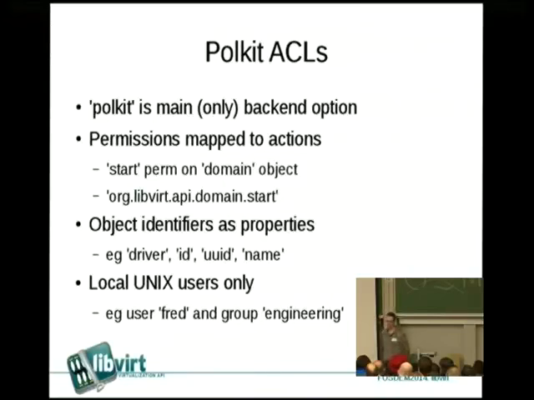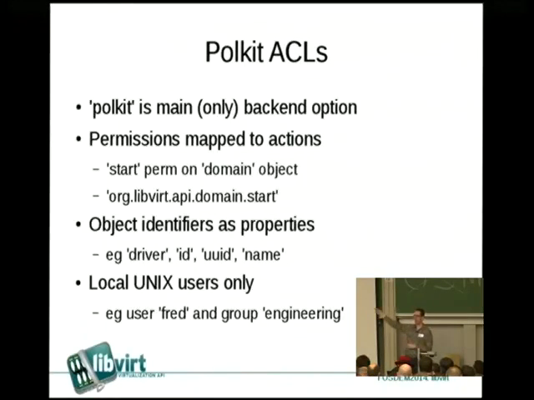Now, that's only part of the information you need to know. You've also got to identify the object you're managing. So the virtual machine, for example. There are three unique identifiers for a virtual machine. There's an integer ID value, there's a human-friendly name, or there's a globally unique identifier, the UUID.